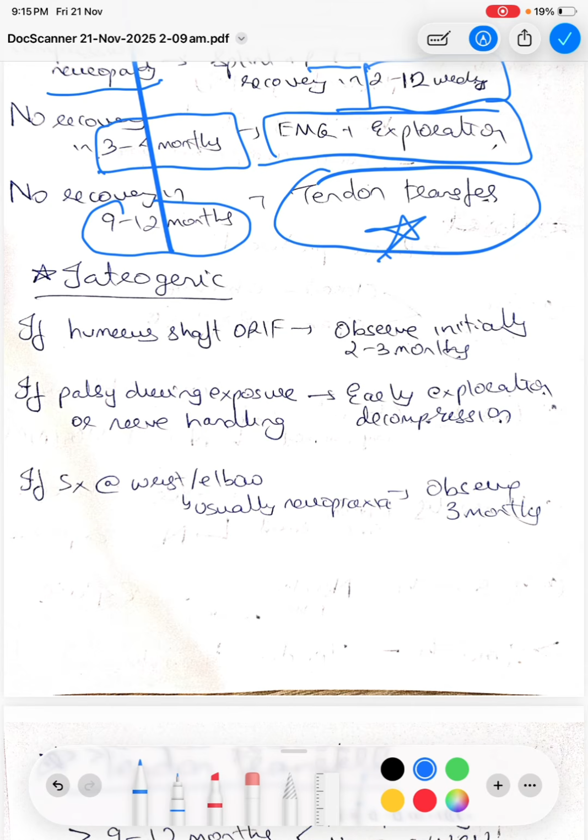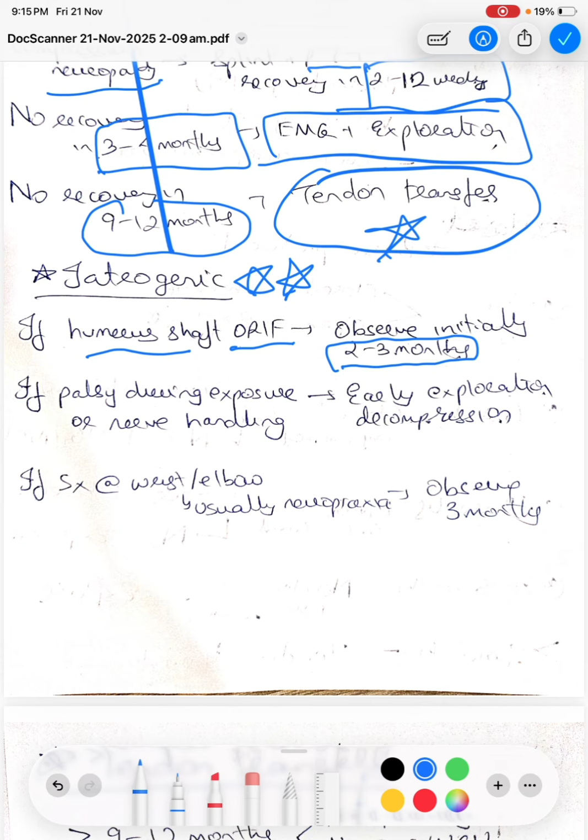Okay, now in cases of iatrogenic radial nerve palsy or PIN palsy, what is the protocol that should be followed? Okay, so if the operative procedure was ORIF for humerus shaft, and in the post operative period you see radial nerve palsy or PIN palsy, you initially observe for 2 to 3 months.